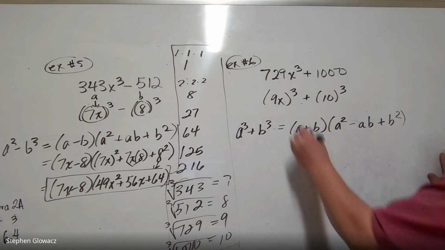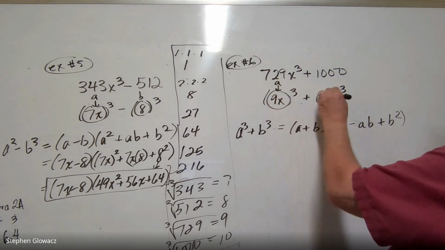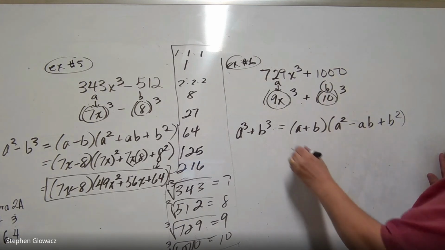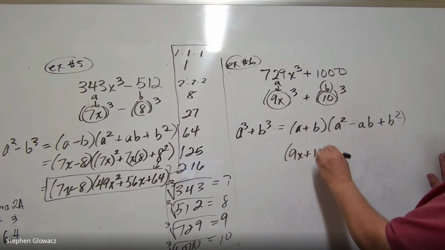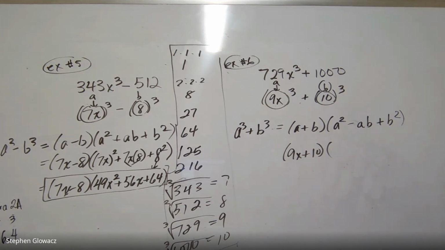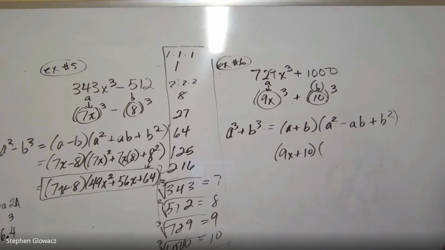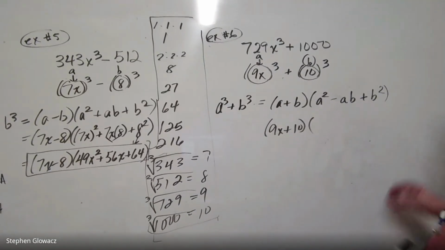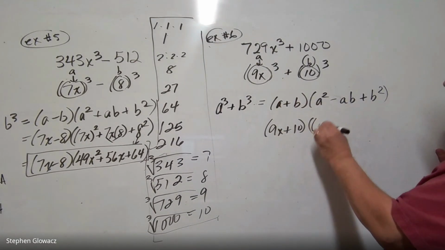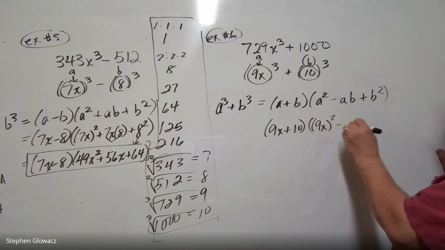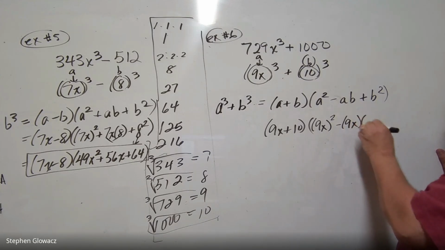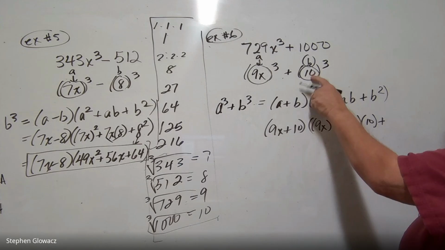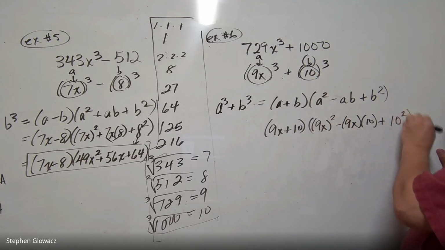All right, so let's go ahead. Remember, this is our a and this is our b. So we have 9x plus 10. And then a squared, so a is 9x squared, minus a times b, so 9x times 10, and then plus b squared, so 10 squared.